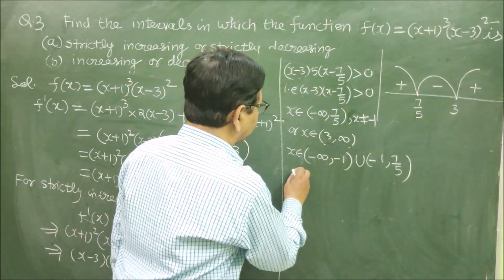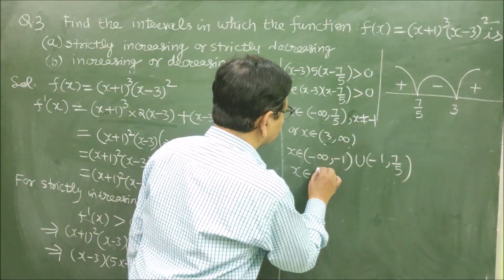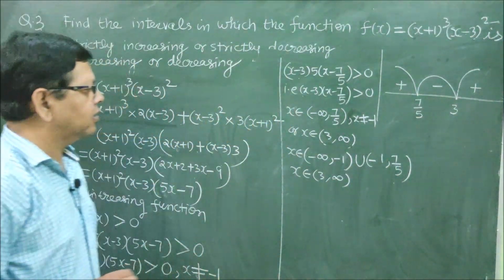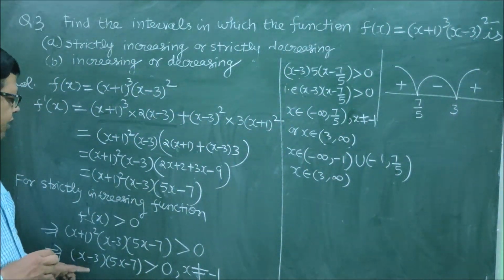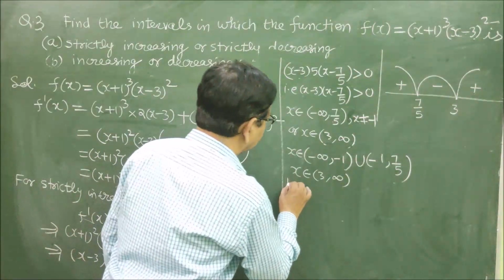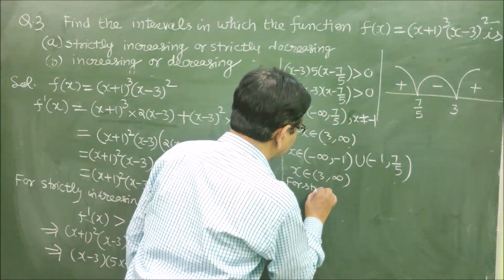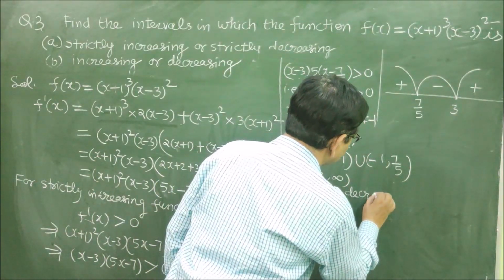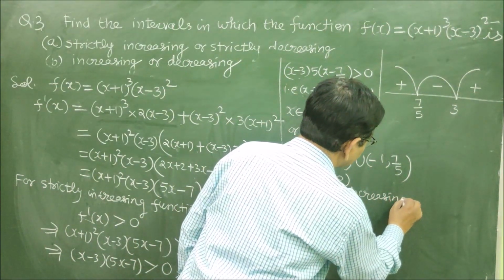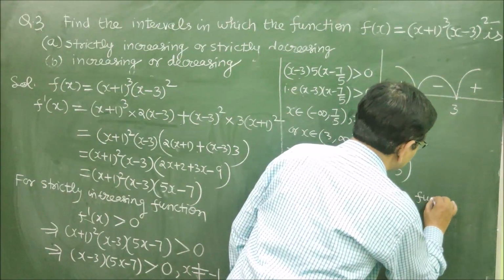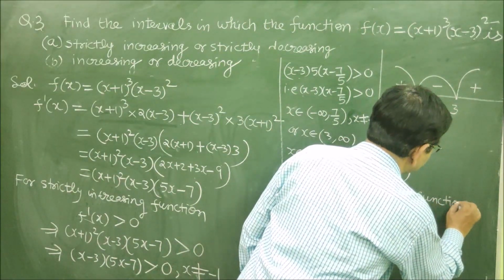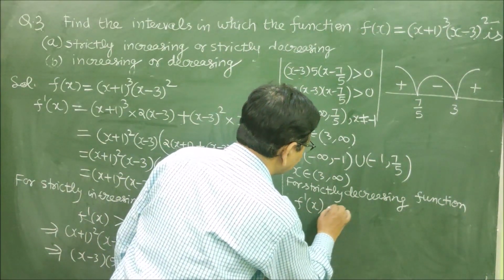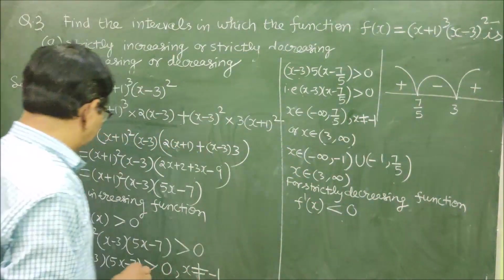And for the other interval, x belongs to (3, ∞), the function is strictly increasing. Now for a strictly decreasing function, f'(x) should be less than 0.